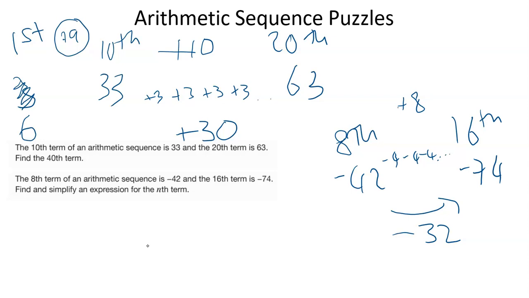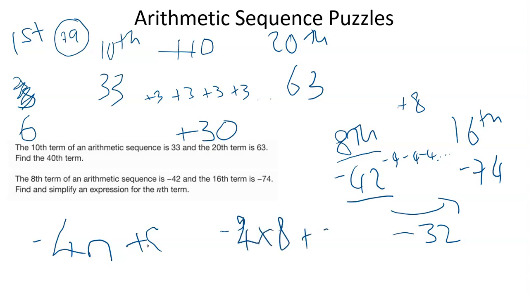So if the term-to-term rule is minus 4, we know that the nth term rule will be minus 4n plus something, plus c you could put. And we know that for the 8th term, it has to equal minus 42, so we can put that in. Minus 4 times 8 plus c is minus 42. And then we have to rearrange this.